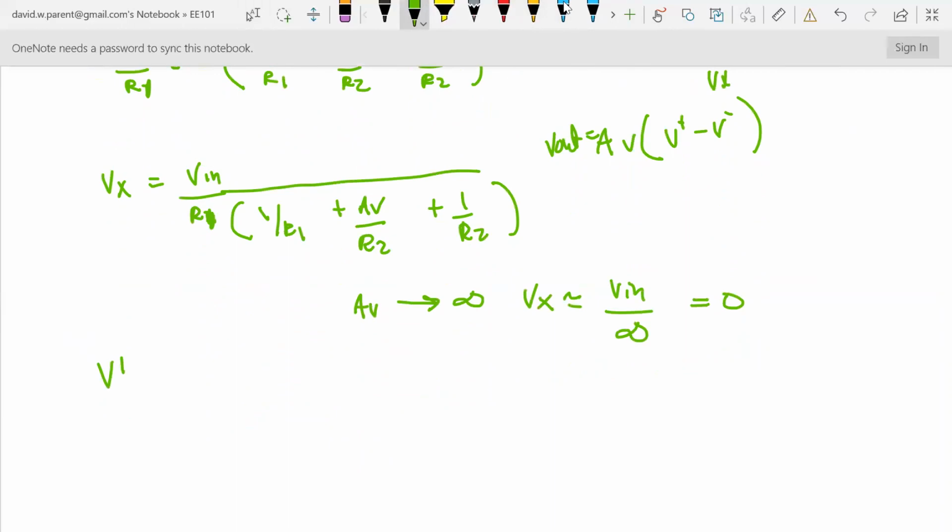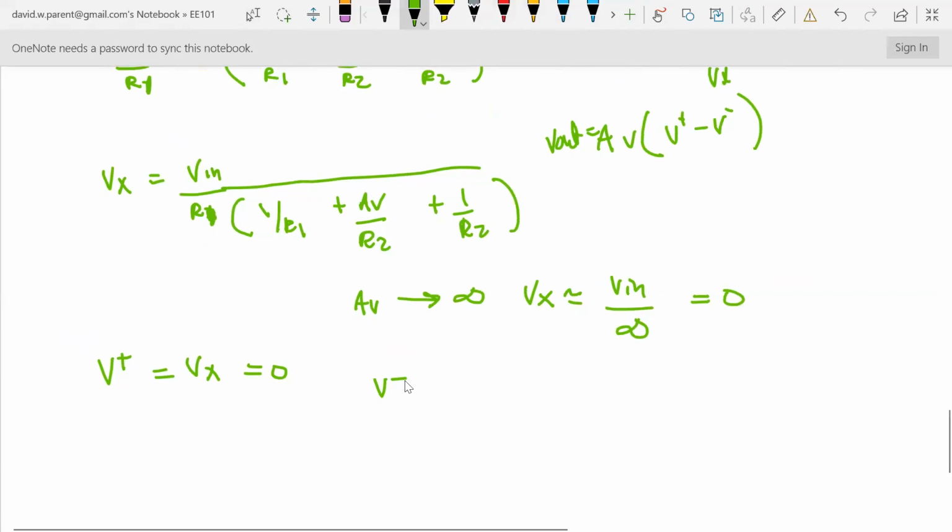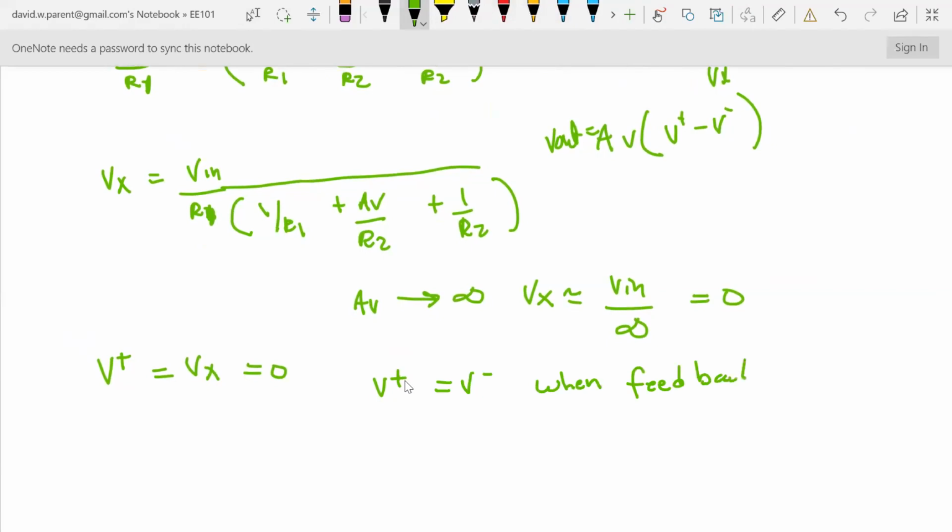And that means V plus equals Vx equals 0, meaning V plus equals V minus when you have feedback and when your open loop gain is equal to infinity.